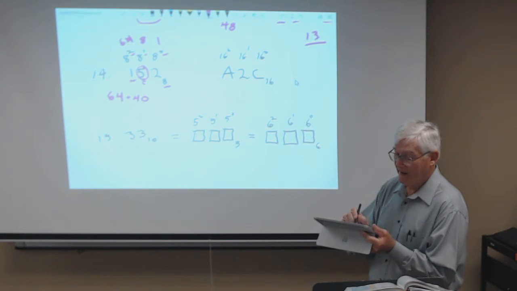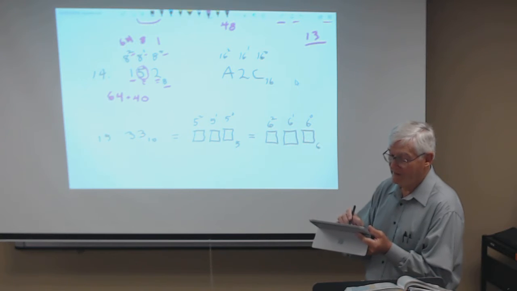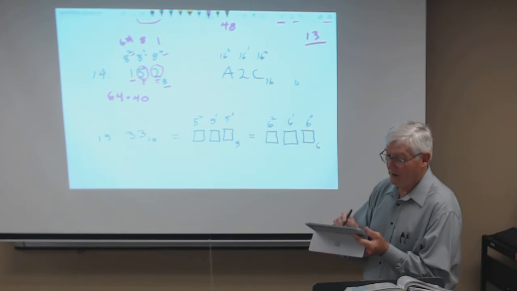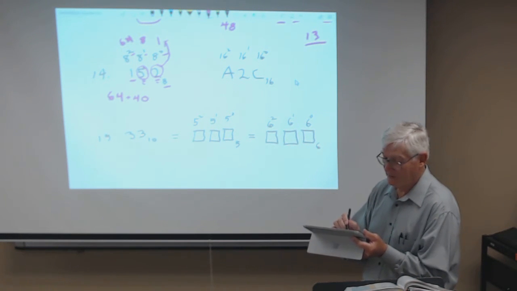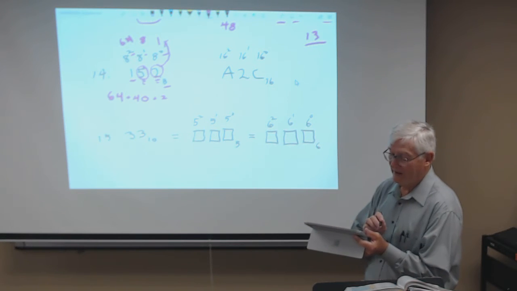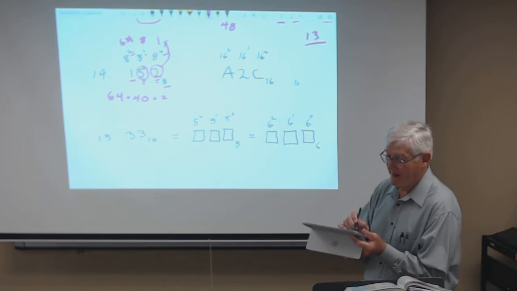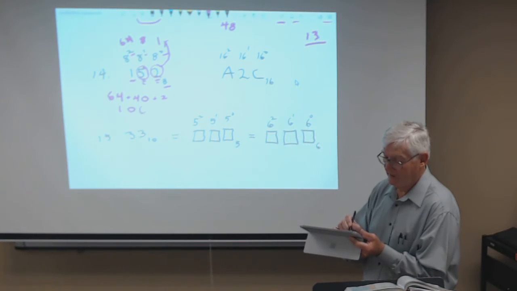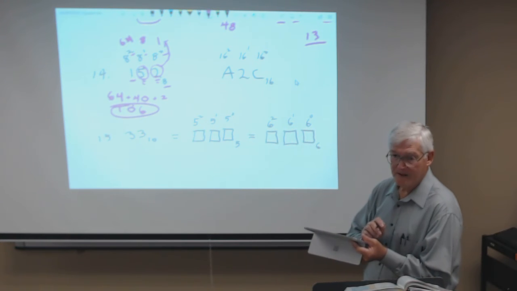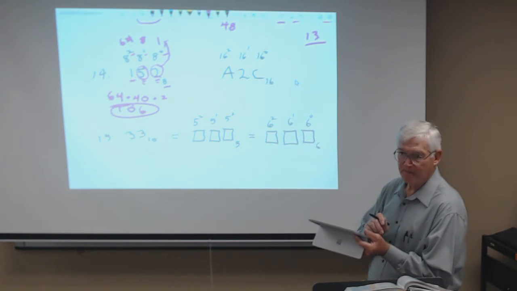And then how many 1s do I have? 2 1s. That would be plus 2. So what's that come out to be? 64 plus 40 plus 2 would be what? 106. Okay?